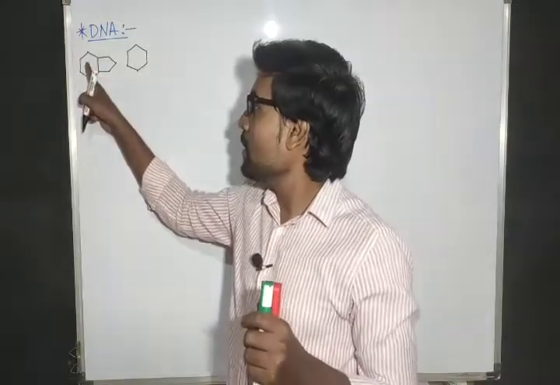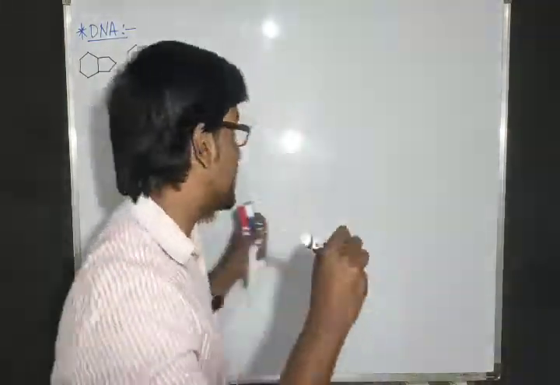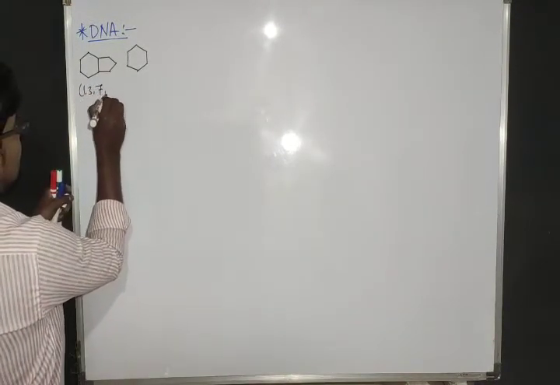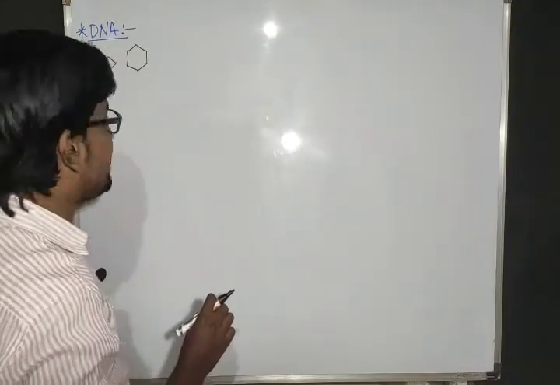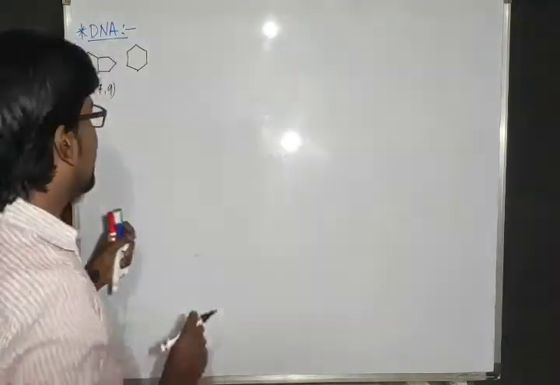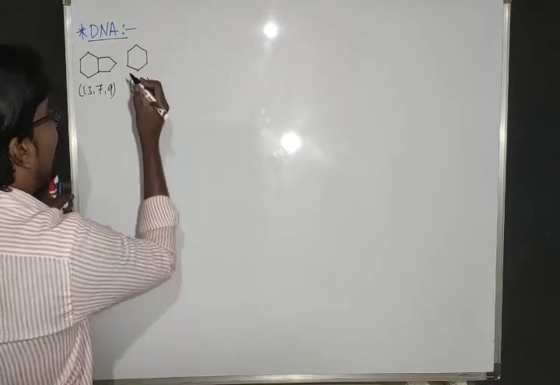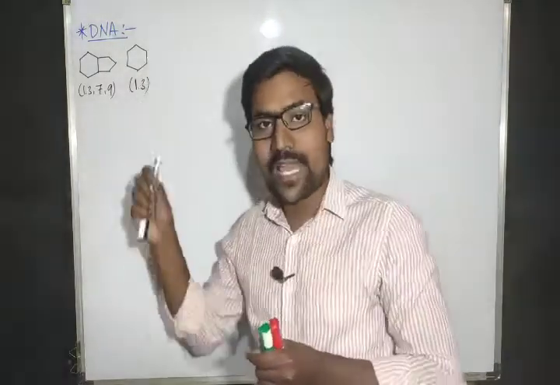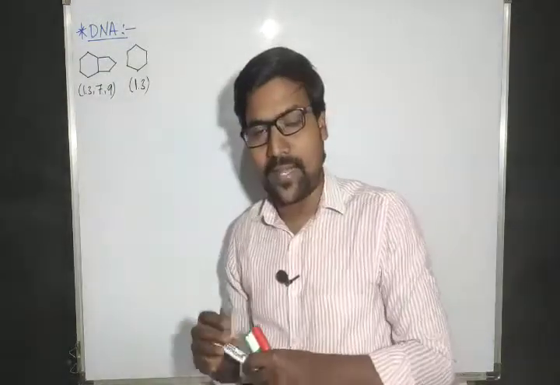In a purine ring, 1, 3, 7, 9. Keep these numbers in your mind. In these corners, we can see the nitrogen atoms. In a pyrimidine, we will see 1 and 3. So in the ring, at the first and third corner, we have a nitrogen. So one is a purine, another one is pyrimidine.